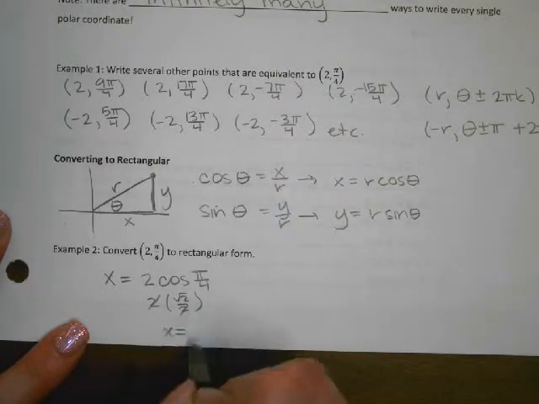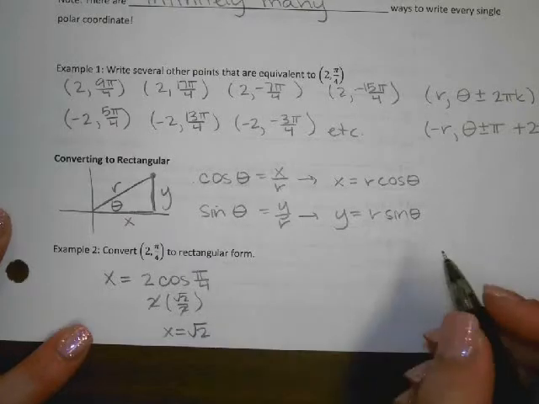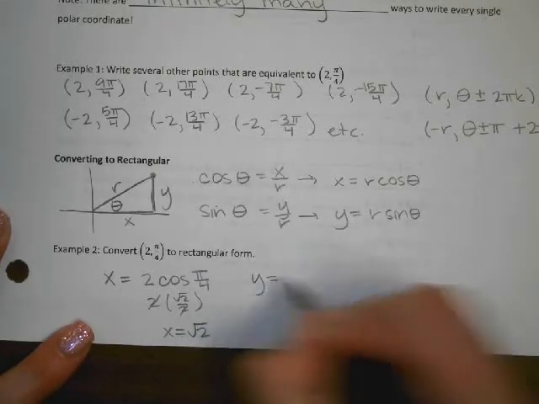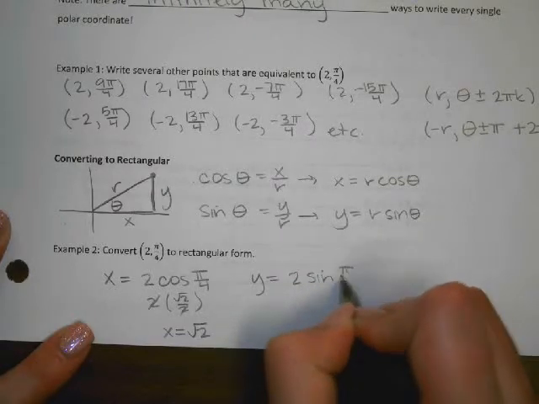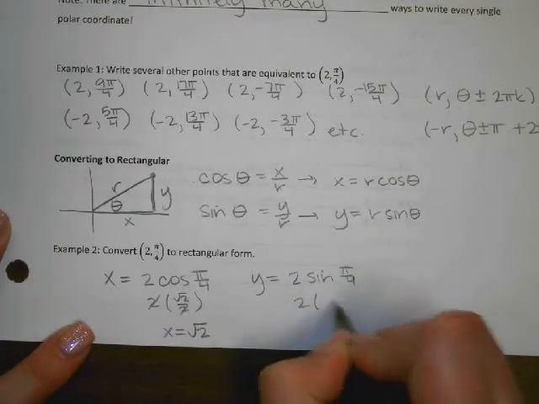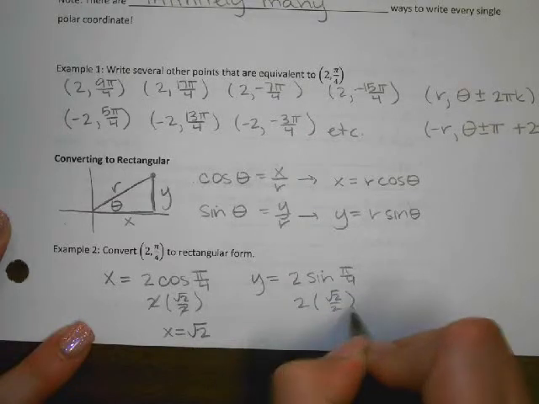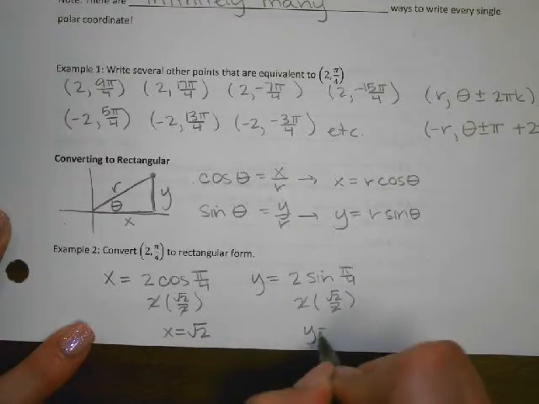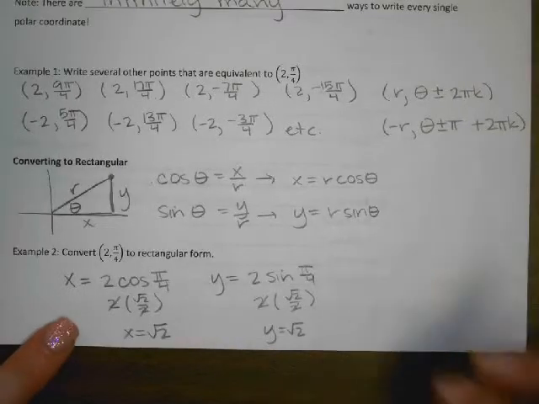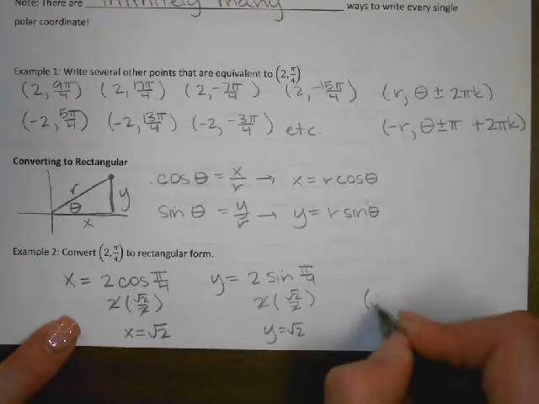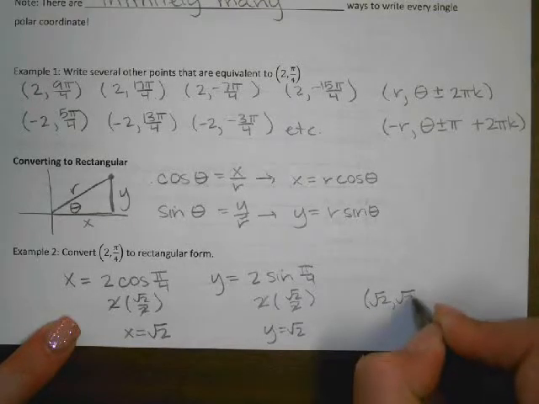And so the x-coordinate of the point would be the square root of 2. And then y equals r sine theta. And so that's 2 times the square root of 2 over 2. And so the y-coordinate is square root 2. So that means that if we have the polar coordinate (2, pi fourths), the rectangular coordinate would be (root 2, root 2).